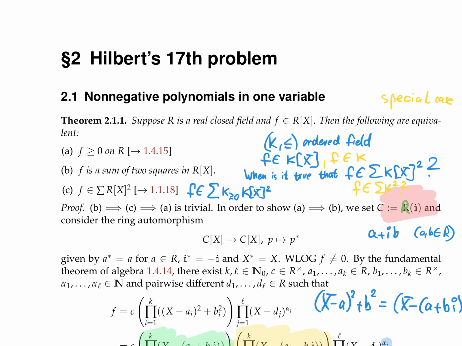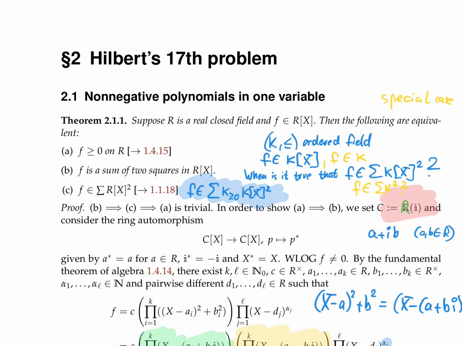I hope I convinced you that it makes a lot of sense to look at this condition here. And we don't clarify now when this is actually true. We will clarify it later.